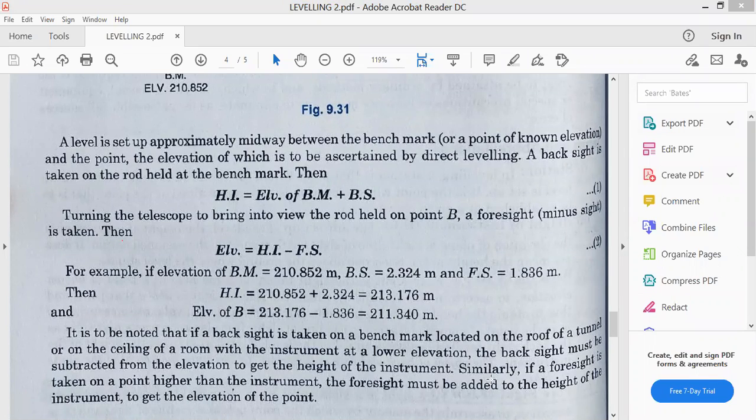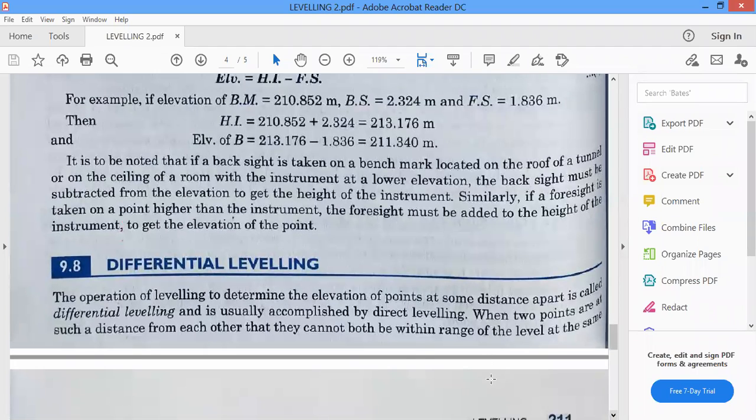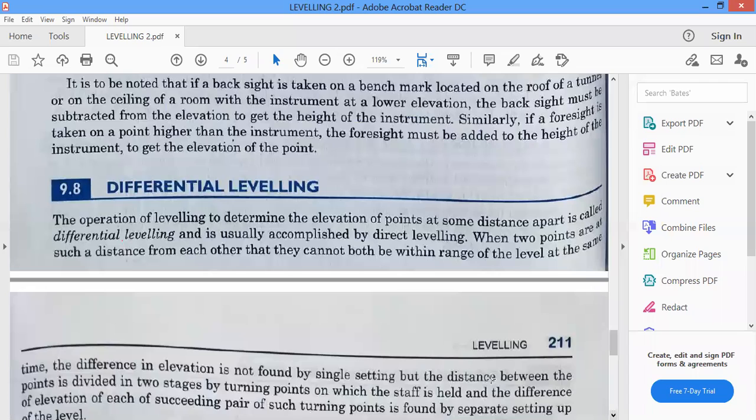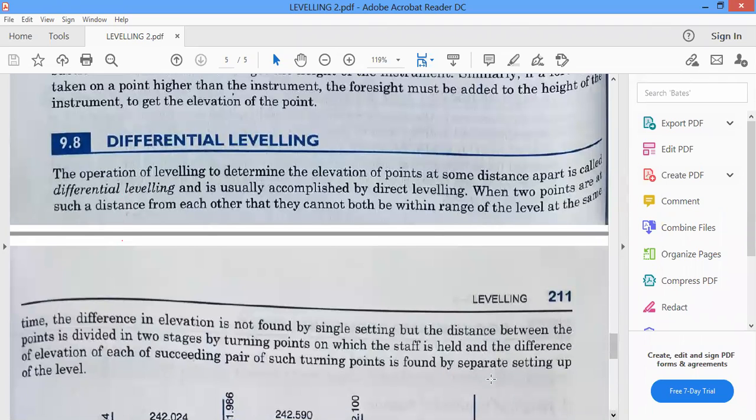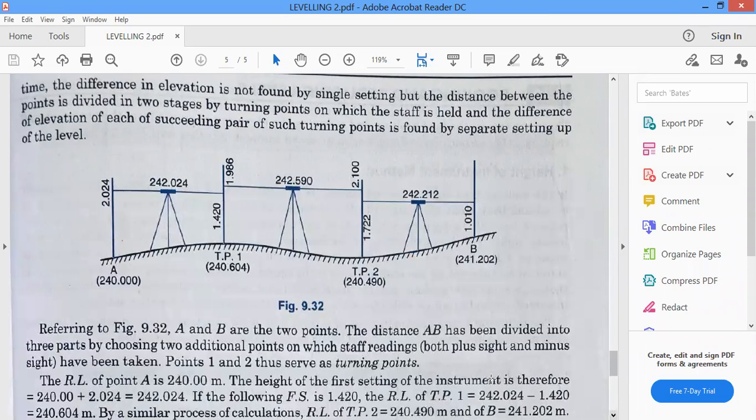So we will move to the special methods of leveling now. The first one we take is differential leveling. We also call it fly leveling. In differential leveling, we will be finding the RL of the point using the fly leveling method.